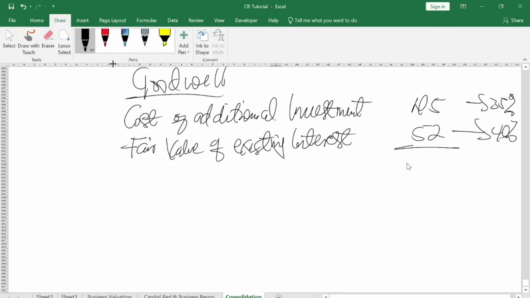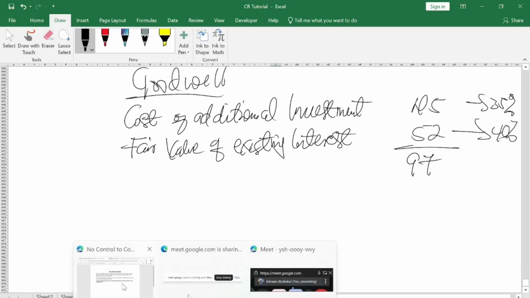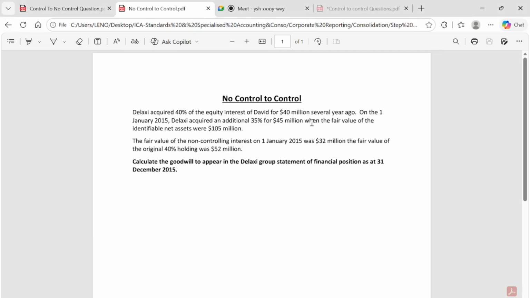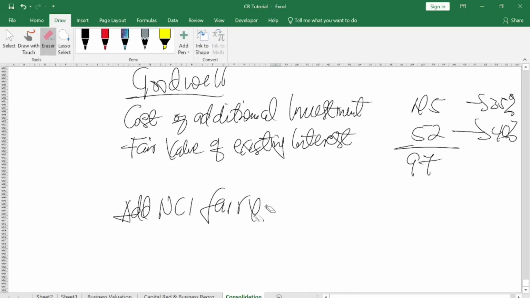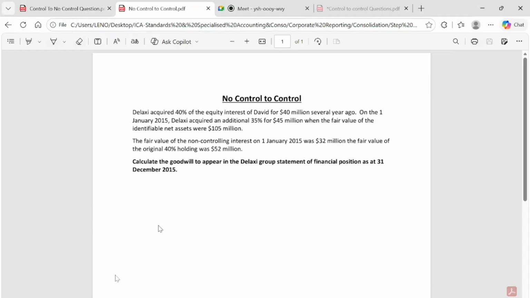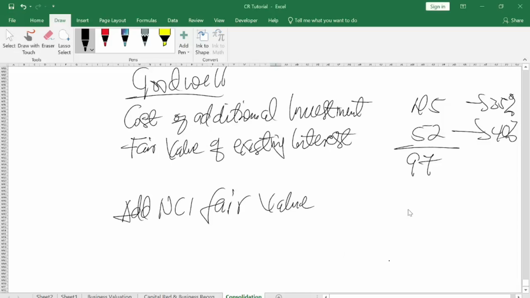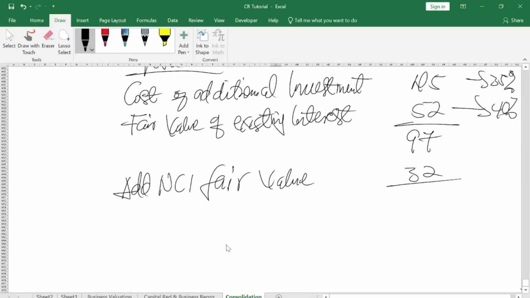Next, add NCI fair value, the non-controlling interest fair value. How much is it? 32. You add it. What do you have? 129.